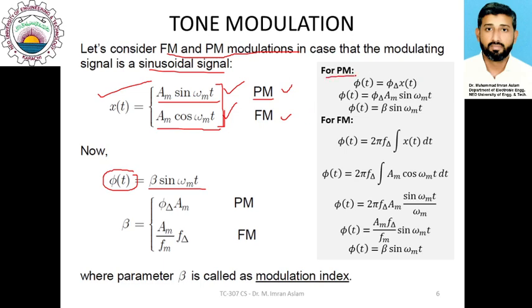We know that for the PM signal phi t is represented as phi delta x t, and phi delta x t is phi delta Am sin omega m t, which is assumed here, that x t is Am sin omega m t. For simplicity, we take phi delta Am to be equal to beta. So beta is actually taken as phi delta Am for phase modulation here.